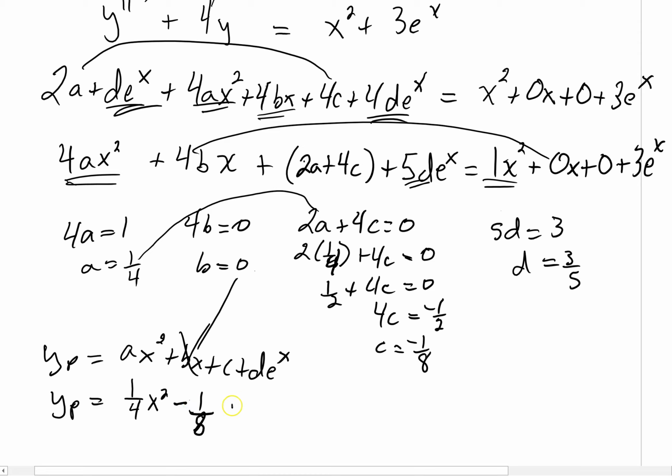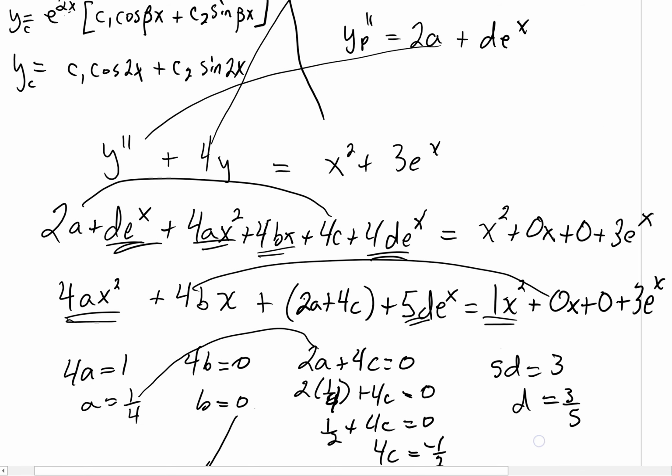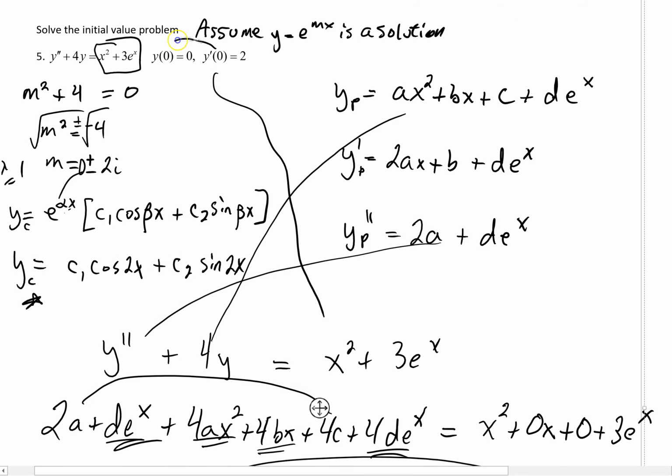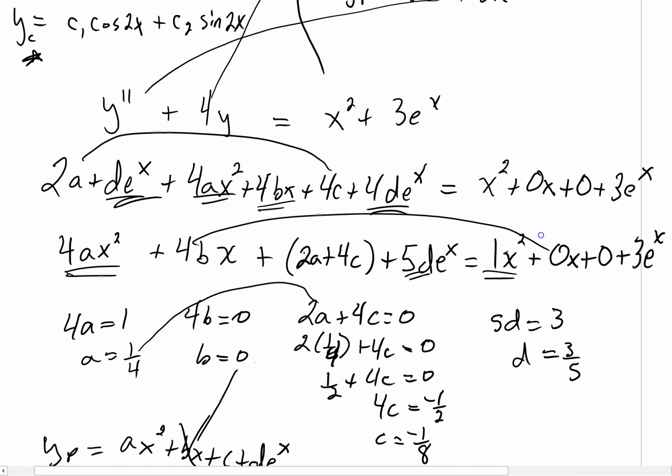And then our d here is a 3/5. So that's all well and good, but we're not done. You see, we've got our particular solution. We had our complementary solution. But this is an initial value problem. So we still have to do some work to make this come together.